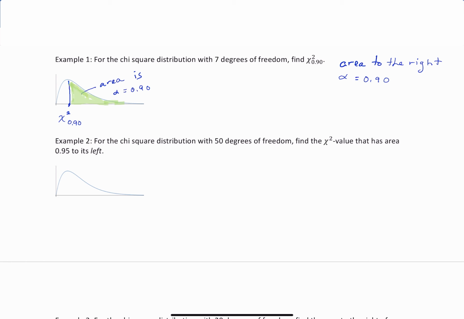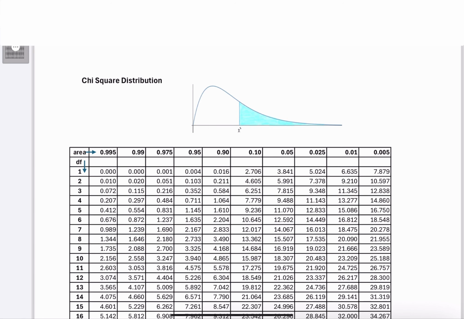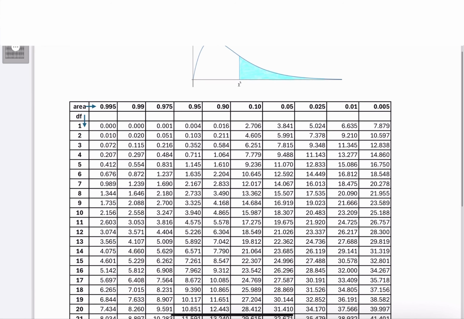Let's pull up our chi-square table and take a look. I want 7 degrees of freedom, and just like in the t-table, we find the degrees of freedom down the left-hand column.